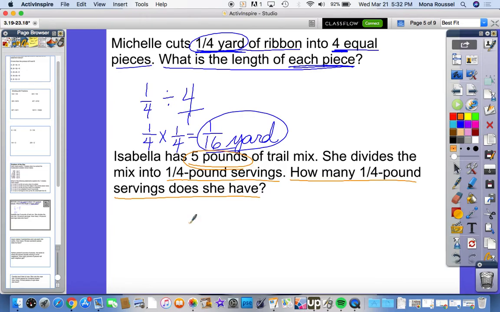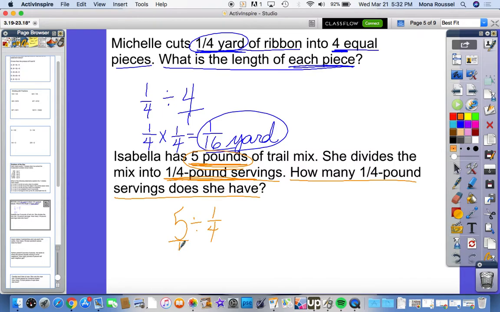So if she's putting it into equal size pieces, that tells us that we're dividing. She's starting with the 5 pounds, and she's breaking it into 1/4 of a pound servings or bags. So it's 5 divided by 1/4.